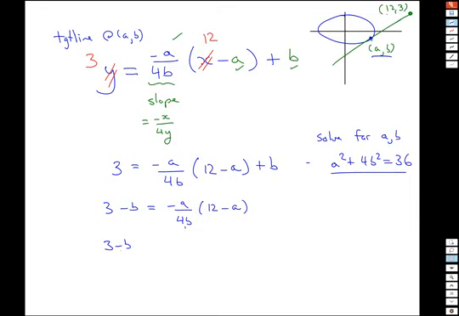We have 3 minus b times 4b equals minus 12a minus a squared. And what do we get here? We get 12b minus 4b squared. Now that looks a bit horrible. Did I get my signs right? Oh, this is plus. There we go, plus. But, phew. Okay, I see a light at the end of the tunnel.